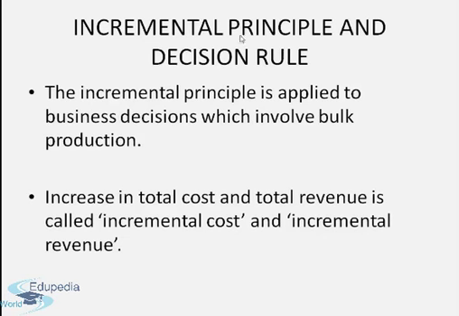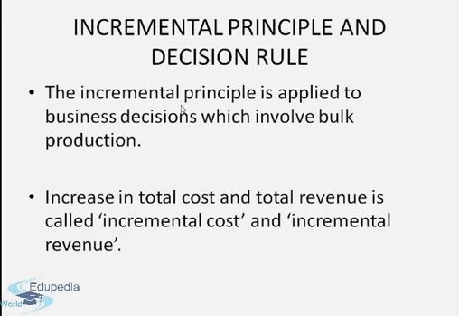Now next we come to the incremental principle. Earlier, in the marginal principle, we saw that we use it in cases where the firm decides to increase or decrease its total units by 1 unit. But practically, the firm does not take a decision on the basis of increase or decrease of just 1 unit.